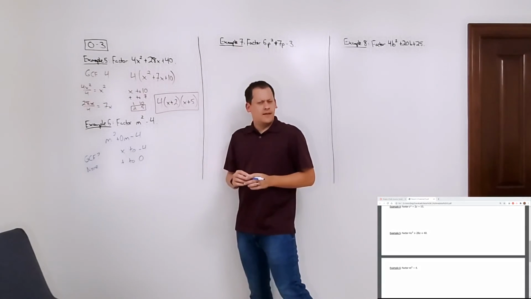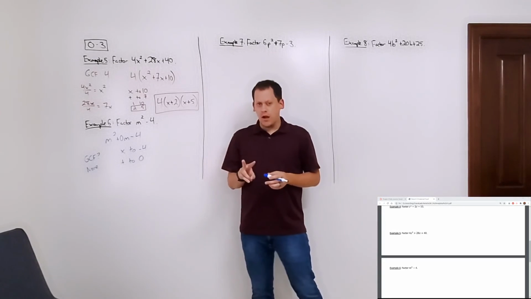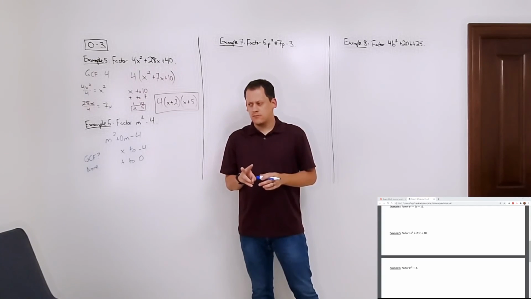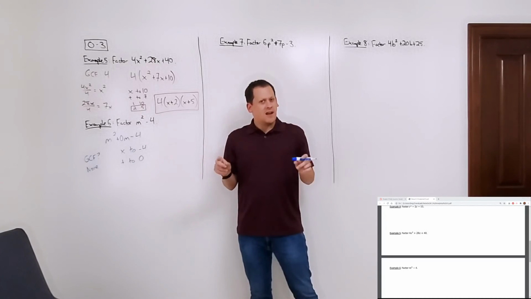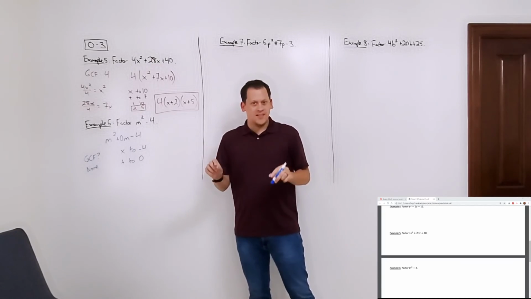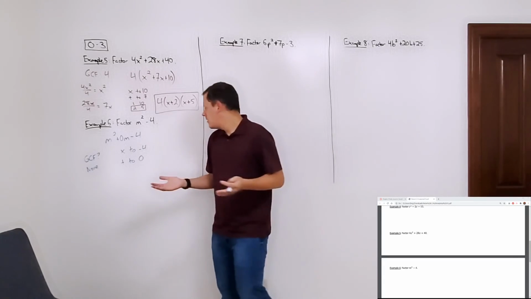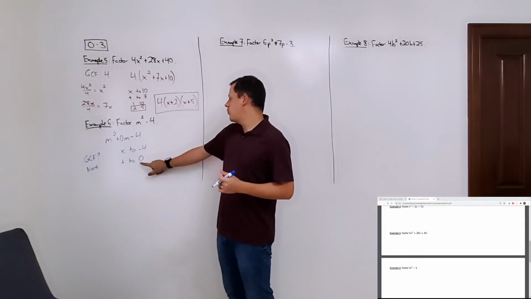Interesting. If the two numbers we're looking for add to 0, what has to be true about them? They've got to be opposites, right? Like positive and negative, the same number. That's the only way that they'll add to 0. So what two numbers multiply to -4 but add to 0?